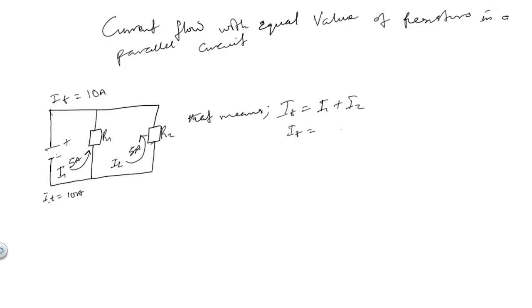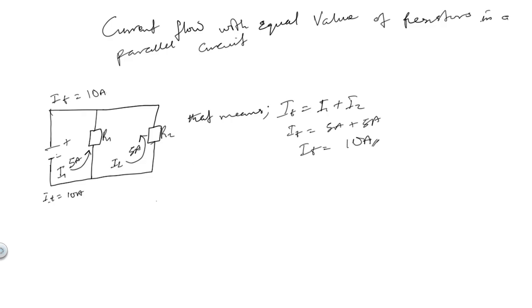IT is equal to 5 amps plus 5 amps. IT is equal to 10 amps, right? I hope we're going and you're understanding what I'm trying to say here. That's just what I want to explain to you there.